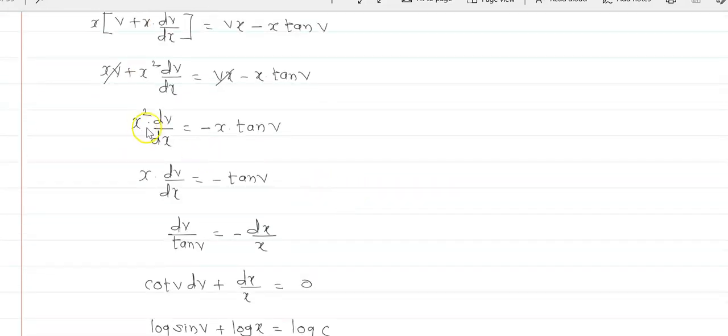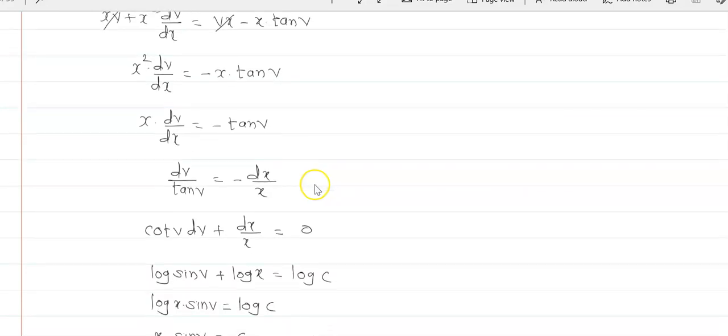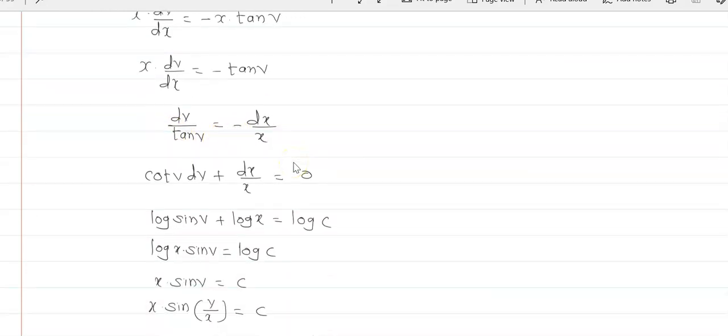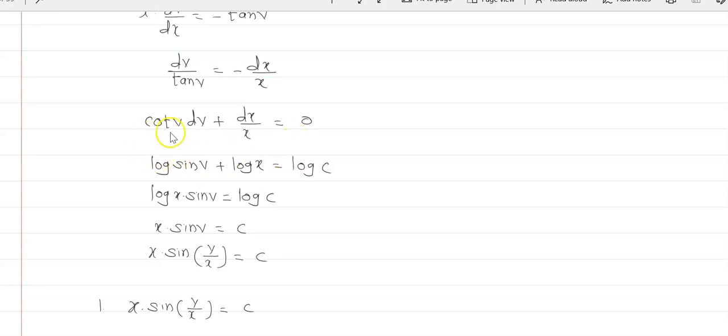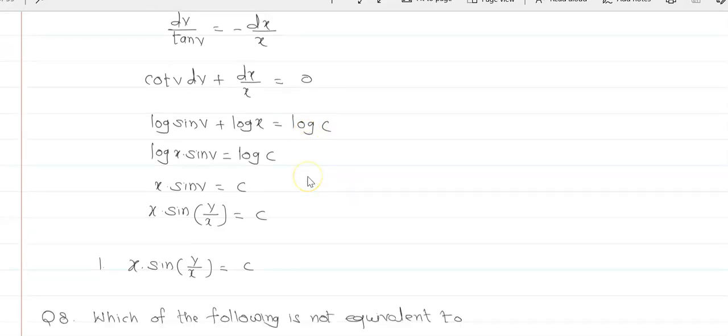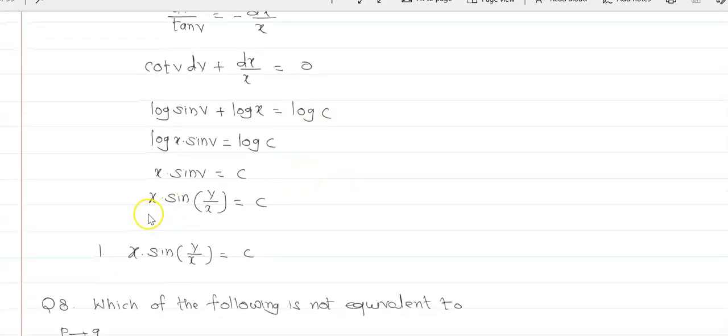After cancellations, x square dv by dx minus x tan of v, so x dv by dx equals minus tan of v. dv upon tan of v equals minus dx upon x. After the integration, you will get x sine of y upon x equals c, and hence option 1 is the correct one.